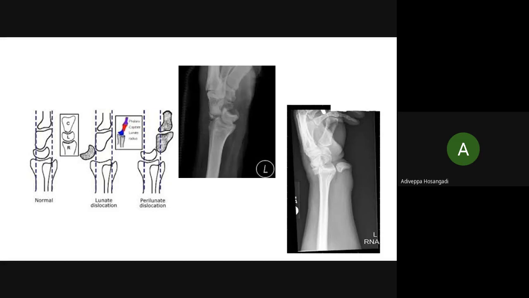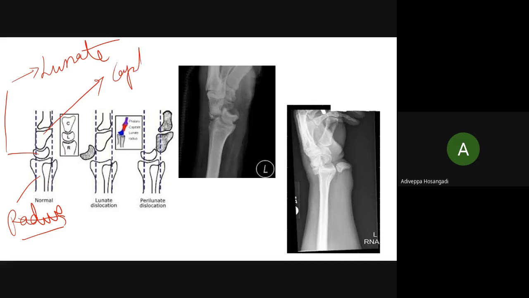A normal radiograph of a wrist appears like this, where this is the radius, this is the lunate, and this is the capitate. All these three are in line.